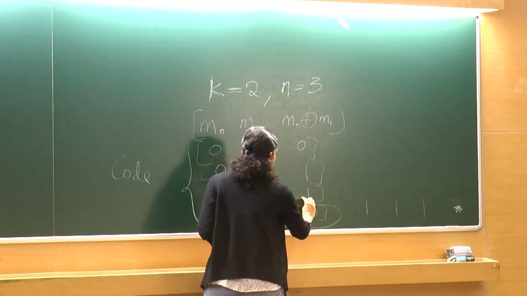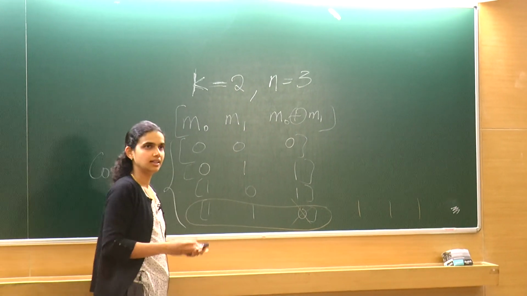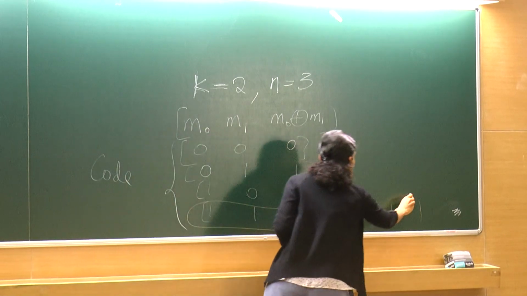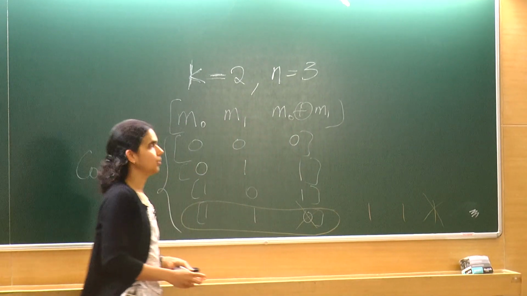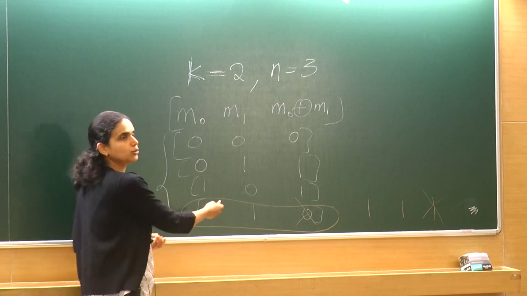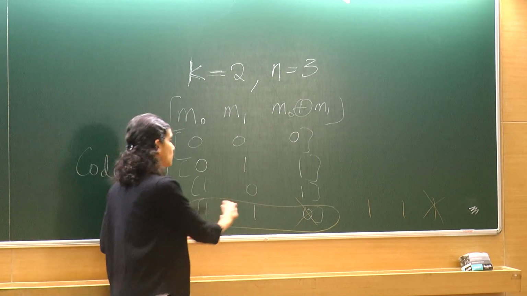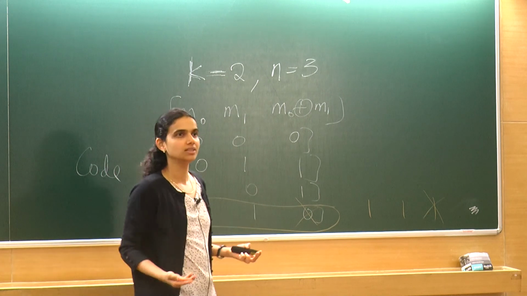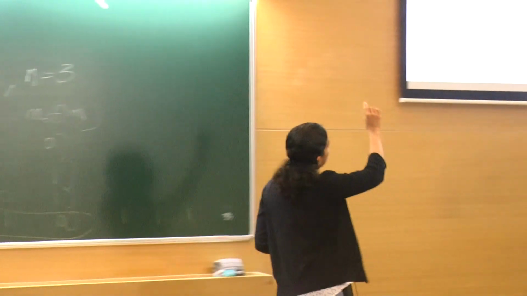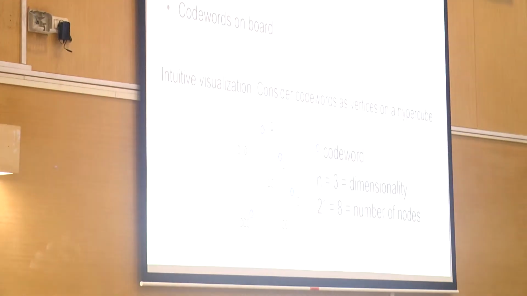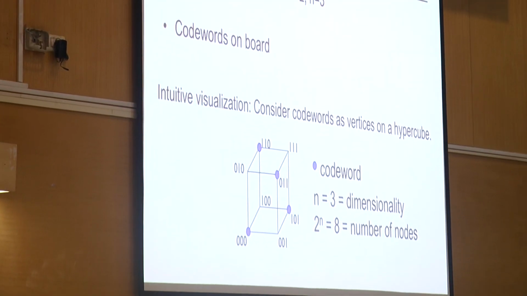Then suppose the last position gets erased. In this code, there would be no way for the receiver to know whether it was 110 or 111. So just because I have only 110 in it, we can distinguish between these two.